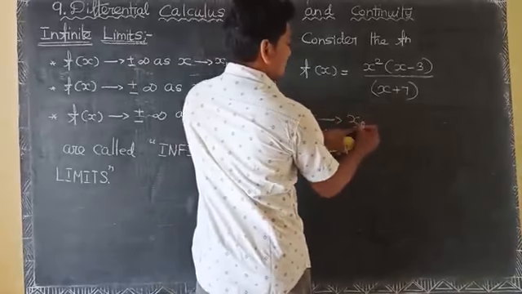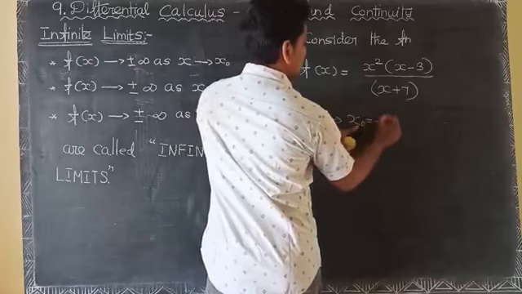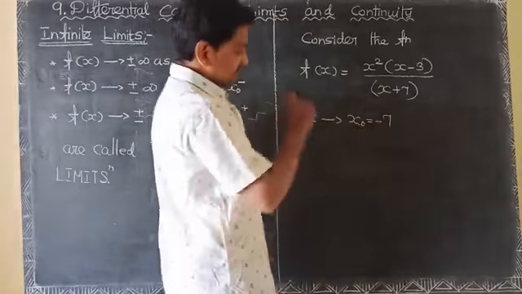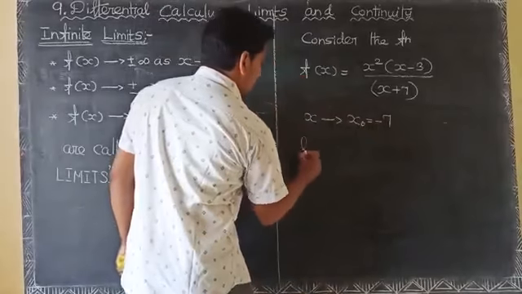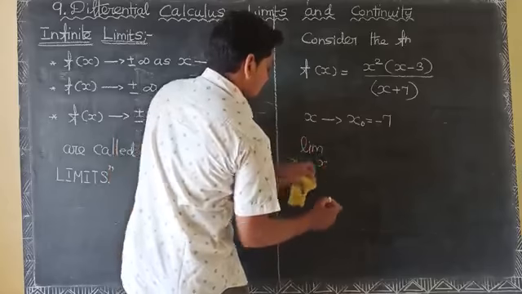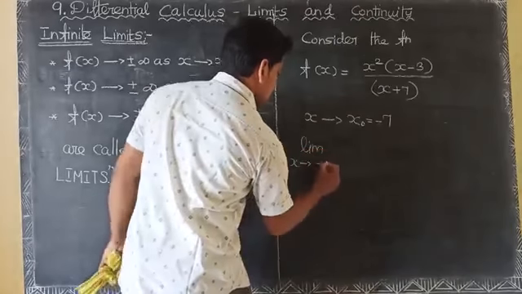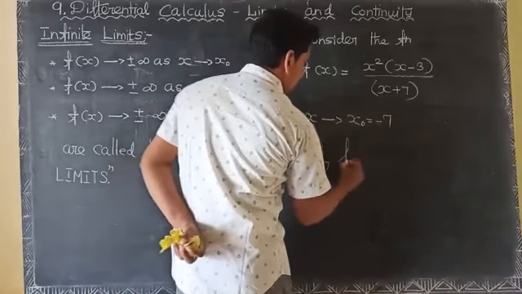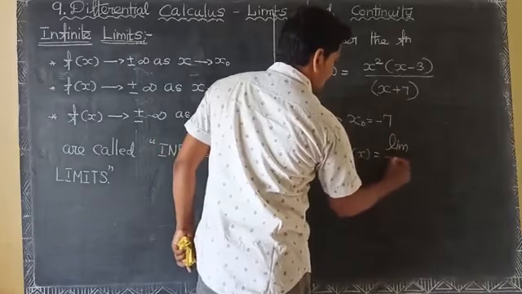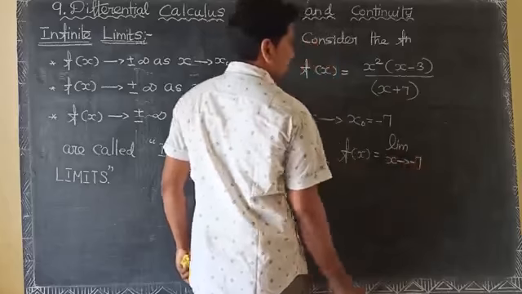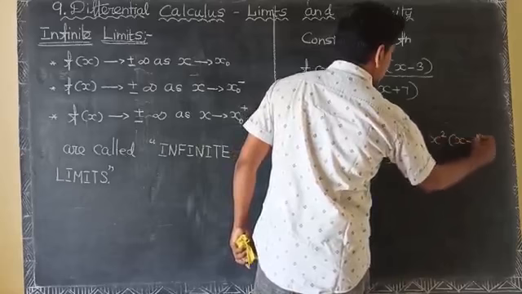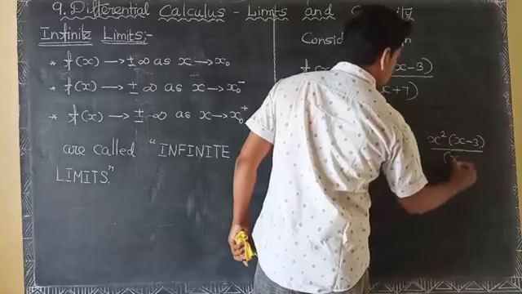Here the value is minus 7, so x naught is minus 7. Limit as x approaches minus 7 of f of x is equal to limit as x approaches minus 7 of x squared into (x minus 3) divided by (x plus 7).